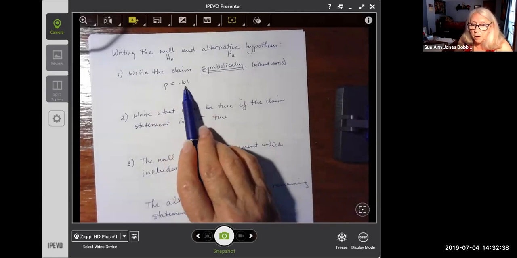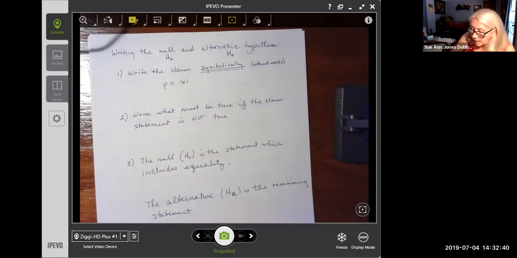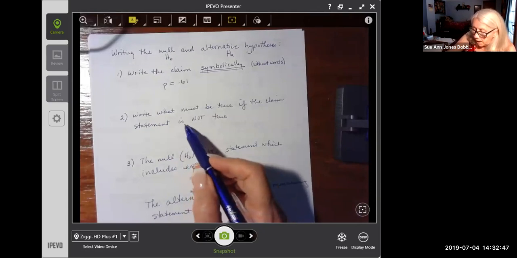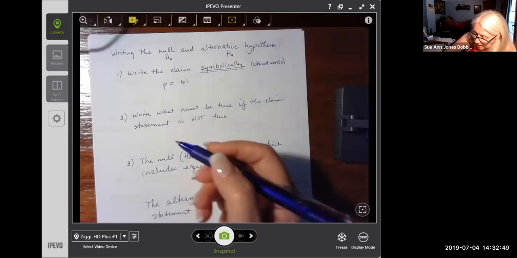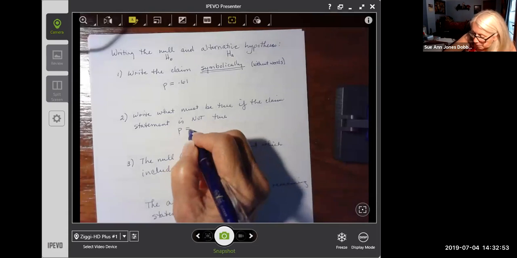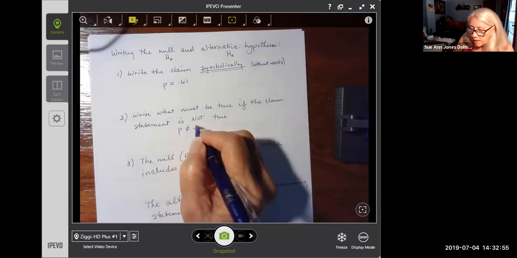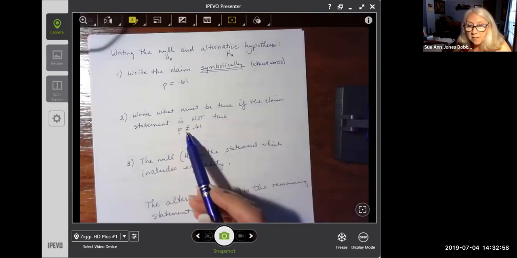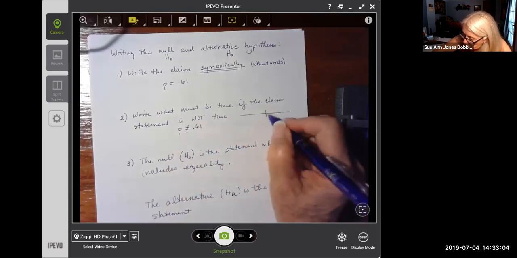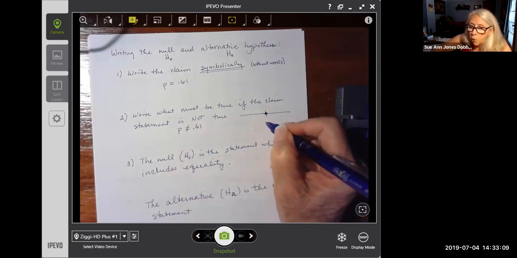Okay, so then in the second step we have to write what would have to be true if that claim statement was not true. So it seems logical to understand that if the proportion is not 61%, then we would write it like this. Essentially, we're just using a symbol that means is not equal to. If you looked at this on a number line, the first one is literally just the point at 0.61.